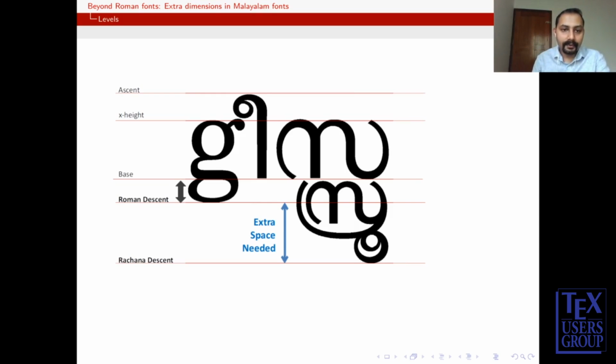If you look at the Latin font metrics, the Roman descent is quite insufficient to represent the traditional script characters in Malayalam traditional orthography. If you look at the difference between the Roman descent height and the font Rachana's descent height, you can see it needs a lot of extra vertical space.